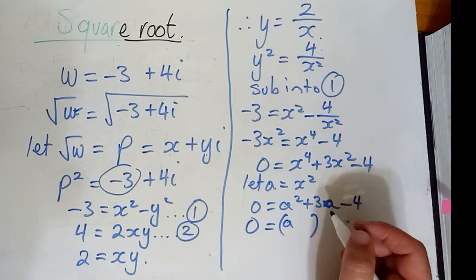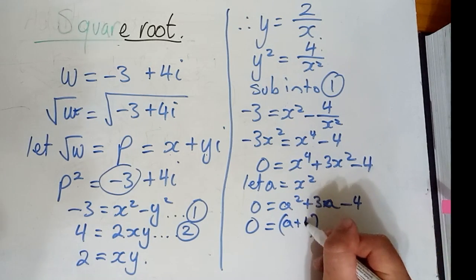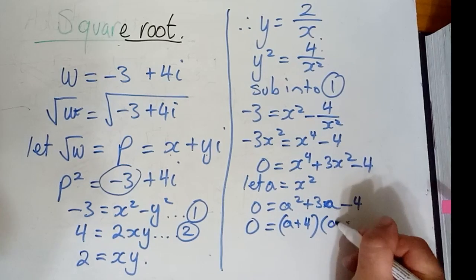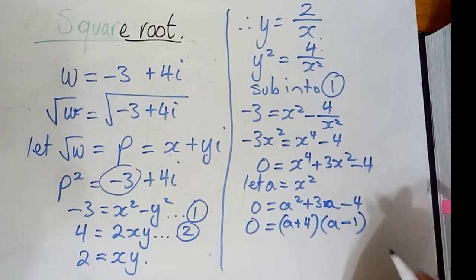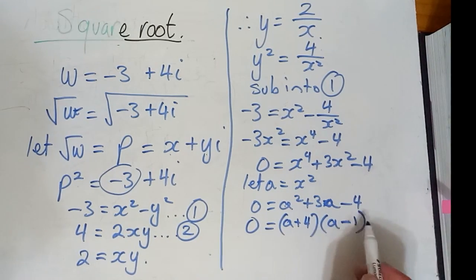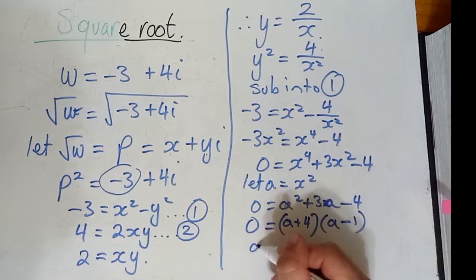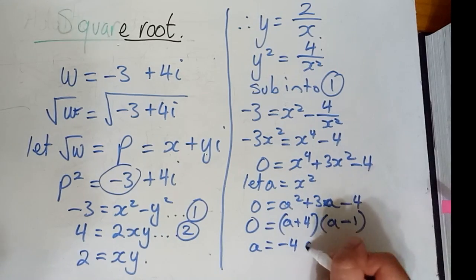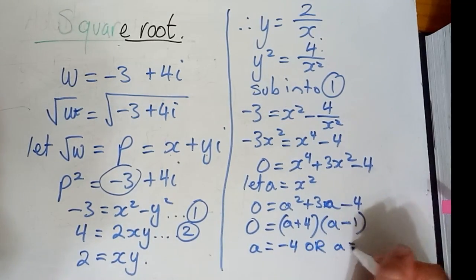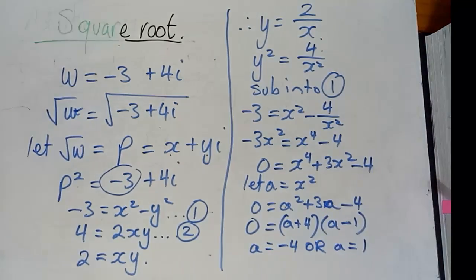Let me make sure I get it right, otherwise I might be embarrassed. There we go. A plus 4, a minus 1. These multiply to give negative 4 and add together to give positive 3. We're good to go. Therefore, a has to equal negative 4 using the null factor law, or a equal to positive 1.